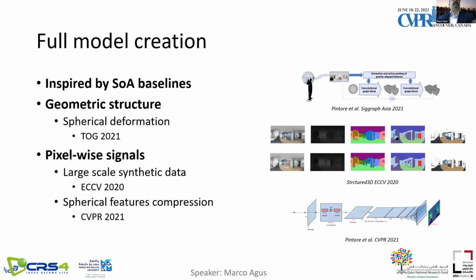And for doing that, we integrated the models for recovering the 3D layout, like the one presented by Gianni before, and also integrating the pixel-wise signals like the depth signal or the semantic signal for performing transfer between various scenes and between the various versions of the scene with clutter or without clutter.